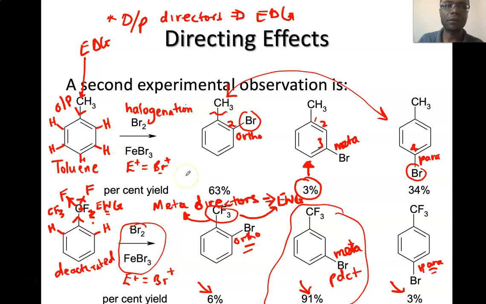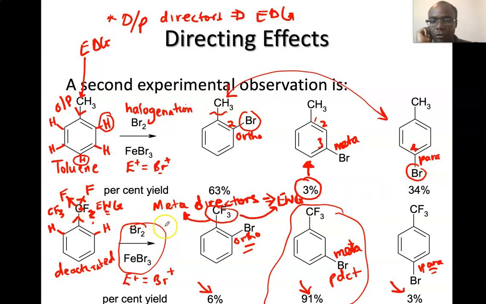So in summary, if you have an electron donating group sitting on the ring, the incoming electrophile is going to substitute the hydrogen on the ortho and the para positions. So that's what we did here. Ortho, this hydrogen could be replaced, or this hydrogen could be replaced to get the para.